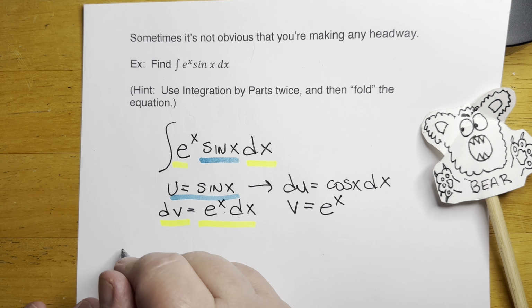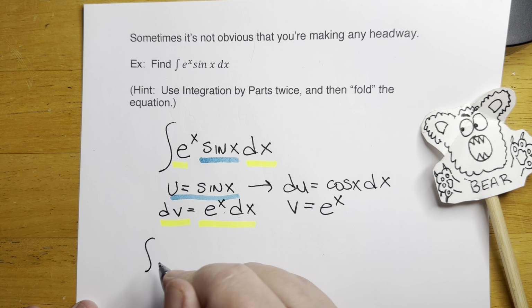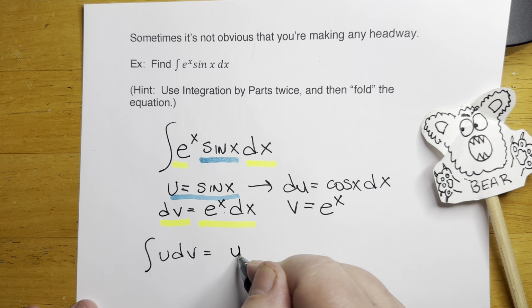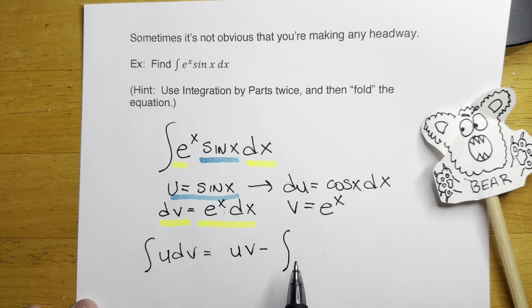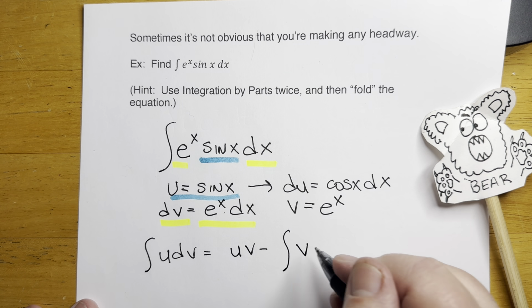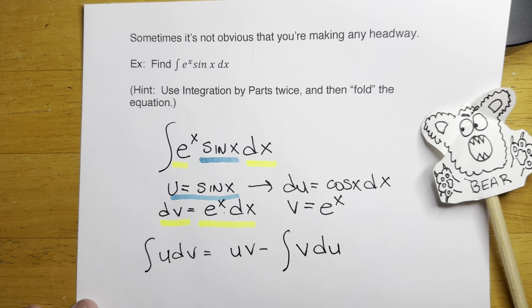I'll remind you, the integral of u dv equals uv minus the integral, and then remember we switch it up, v du.